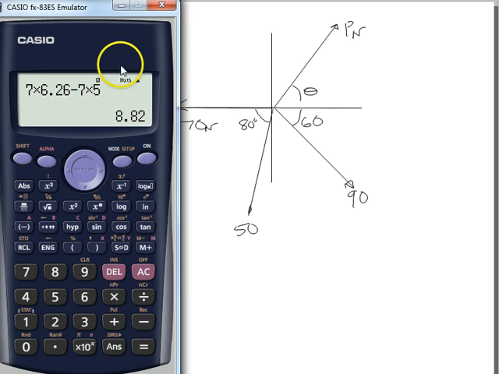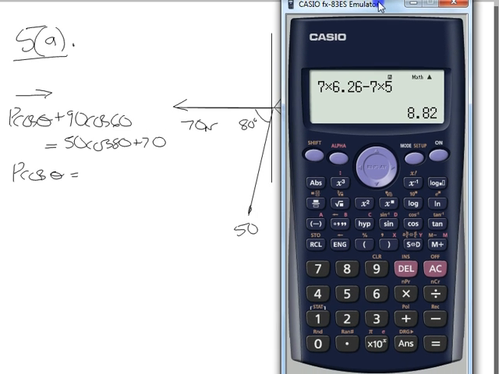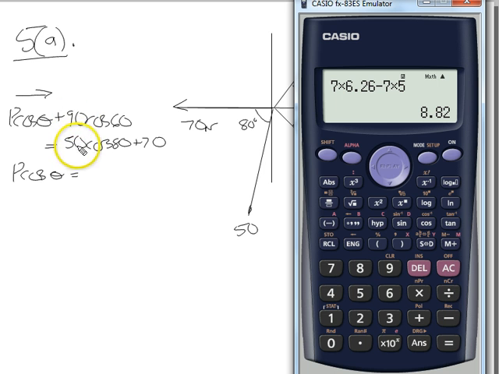So let's just type that in a calculator then, and we can write down the number, can't we? So we'll have 50 cos 80. Make sure I'm in degrees mode, so shift modes, and we want degrees, which is number 3. So we want 50 times cos 80 plus 70, and then minus, because we're moving this over, 90 times cos 60.